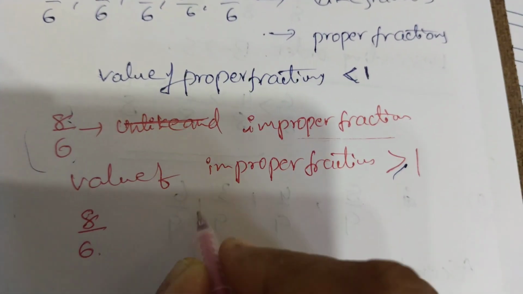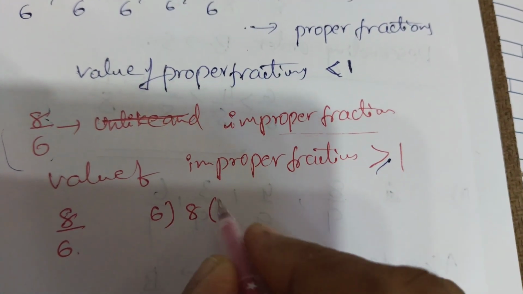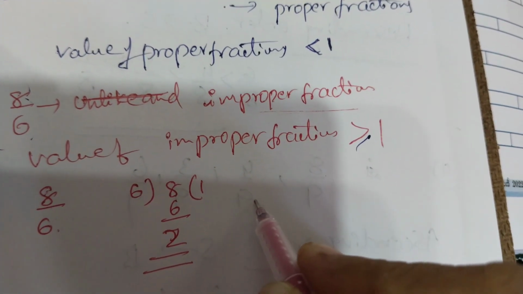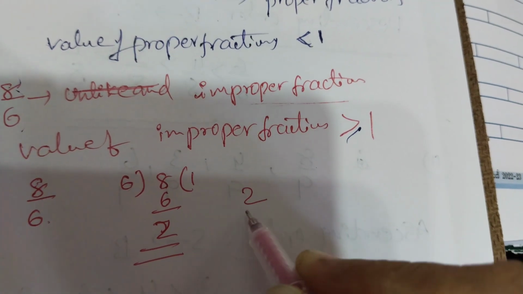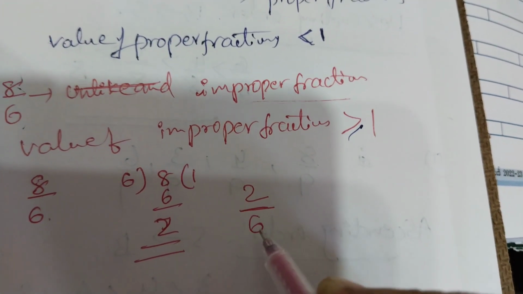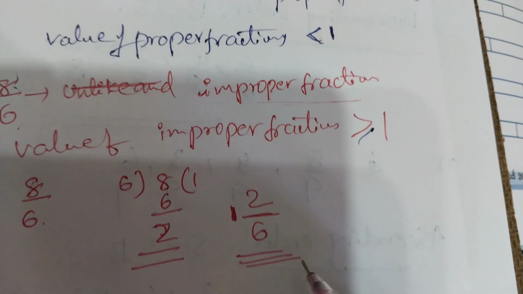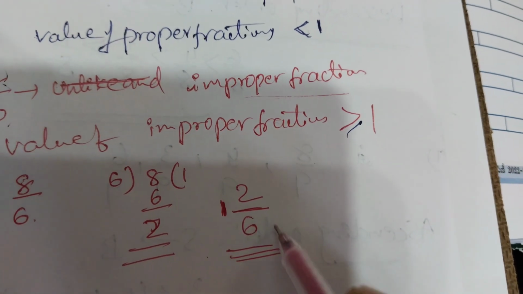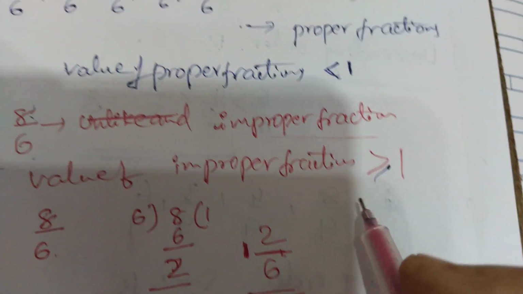If we convert this into a mixed fraction, 6 ones are 6, the remainder is 2. So I am going to write 2 as the numerator and 6 as the denominator, and the quotient 1 I am going to write as the whole part. So 1 whole and 2 by 6 is the mixed fraction form of the given fraction.